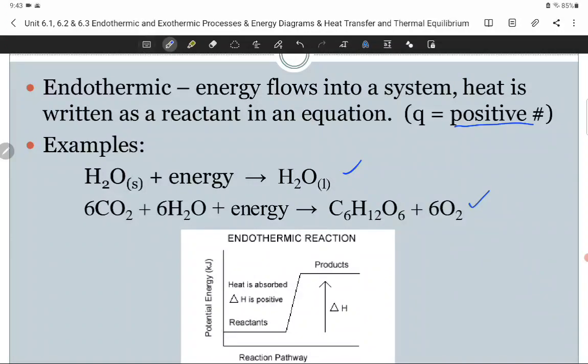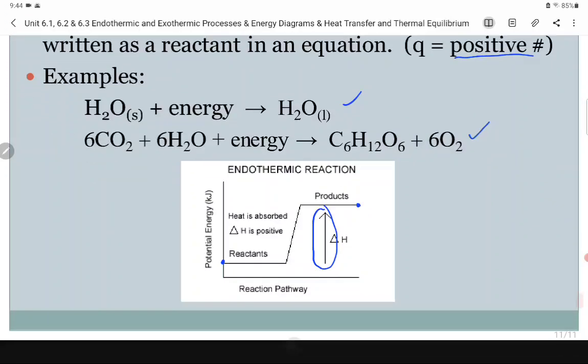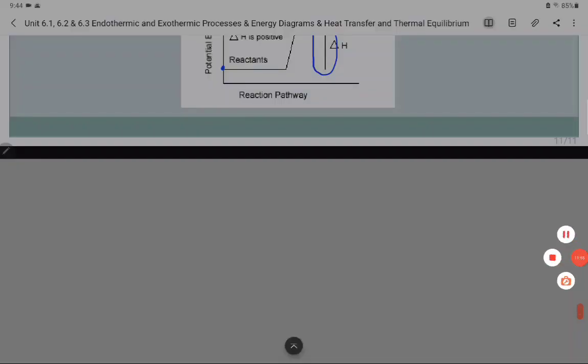How can we show that on this graph? Potential energy starts off low and ends up high. The difference between those two would be our change in heat. And that's good for our introduction to thermochemistry.